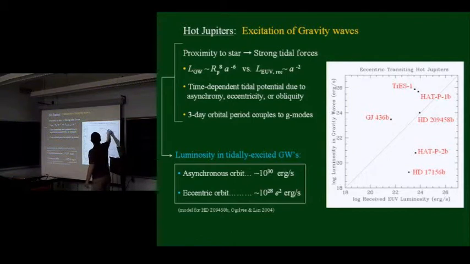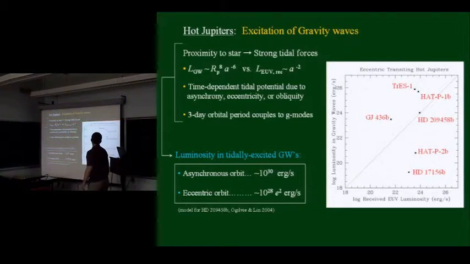For 3 of the cases, it seems that if their eccentricities are as reported, the luminosity in gravity waves is in excess of the UV. The famous case, HD 209458b, the 2 contributions seem to be comparable.